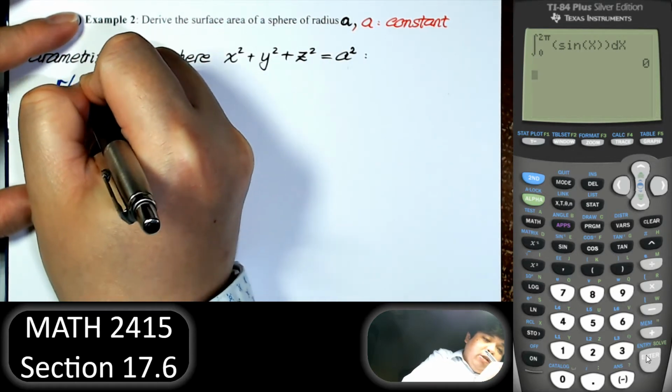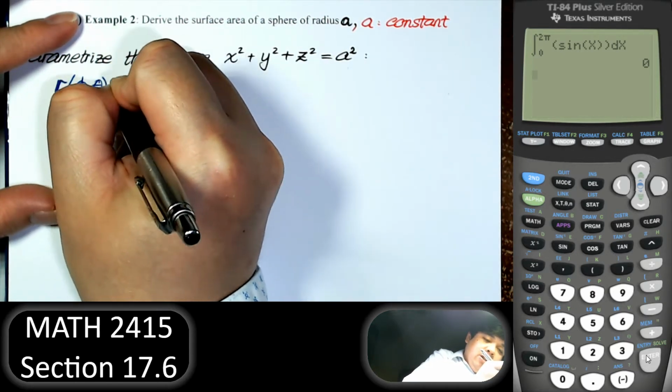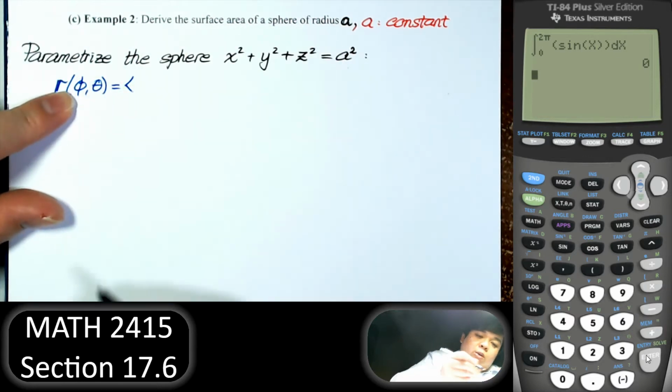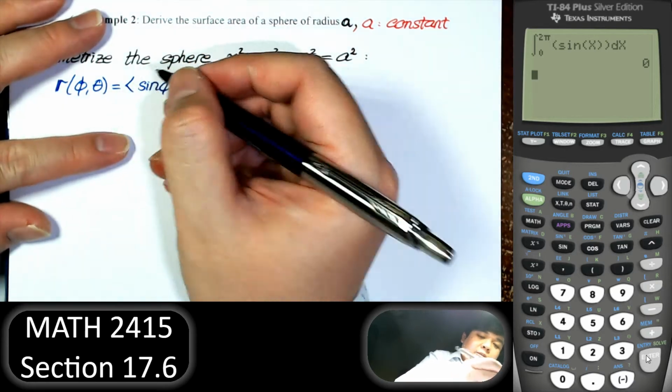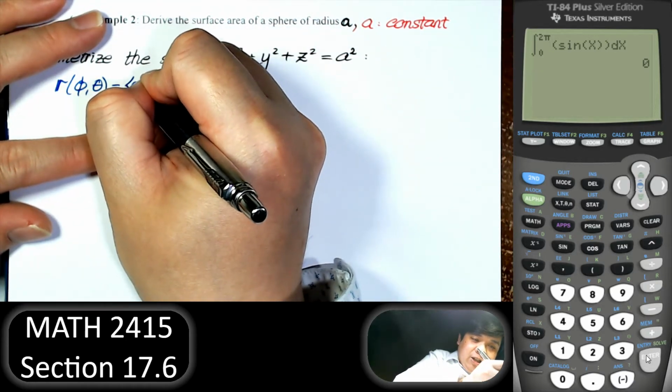Using two parameters, phi and theta. By the way, the radius is a, right?